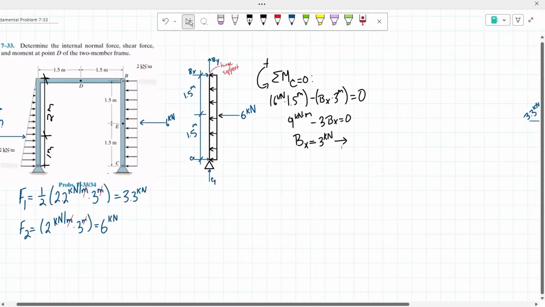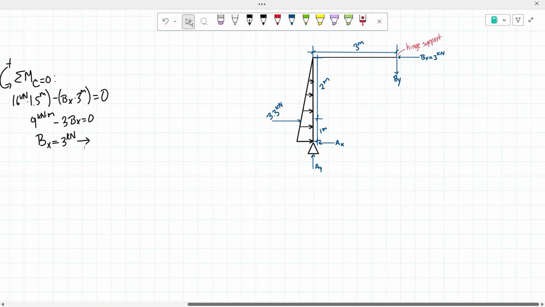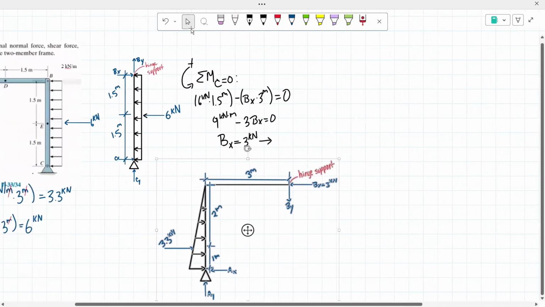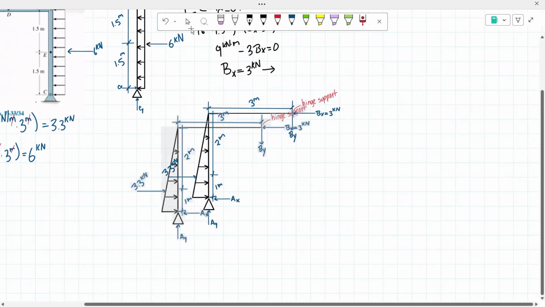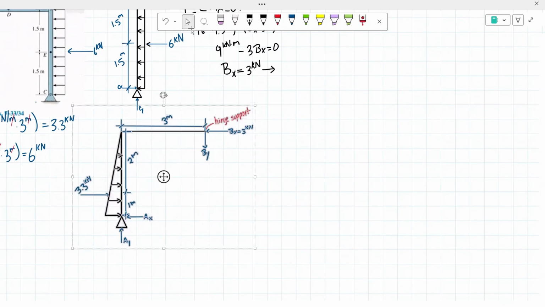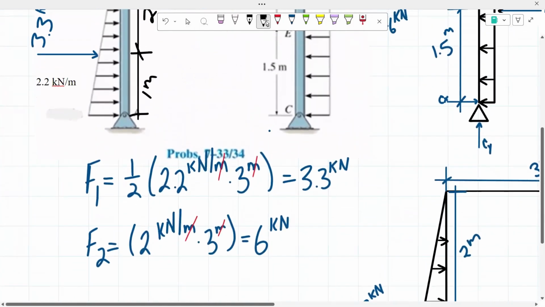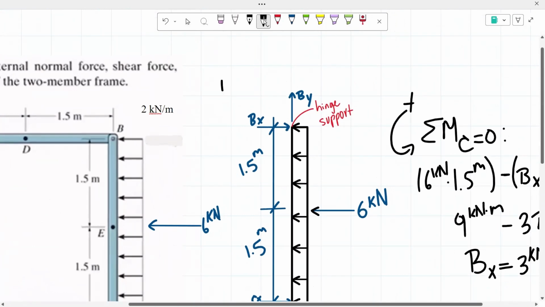So the next step would be to draw out that side. I already drew it beforehand. So I'm going to move it closer. Let me just number my steps. This was our first step. This was my second step.